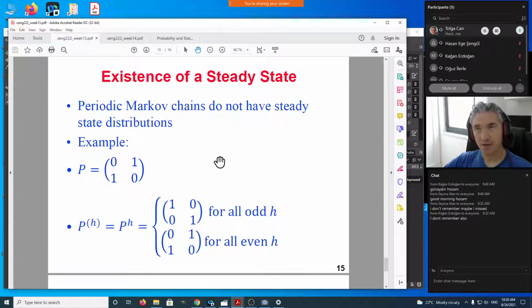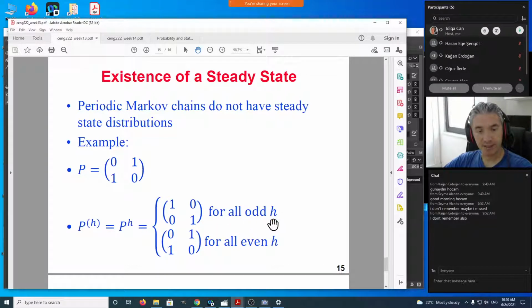So if you have a state transition in which there are two states and you go to the other state at every state, and there are other examples of transitions where we have no steady state as well, it is possible. If you look at the h-step transition probabilities, for odd h it will be like this, and for even h values it will be like this. So it will never converge. So there is no steady state.